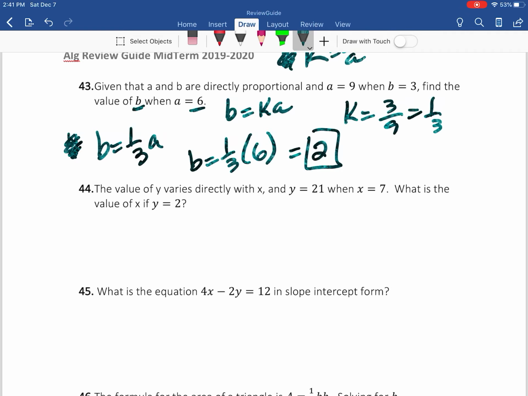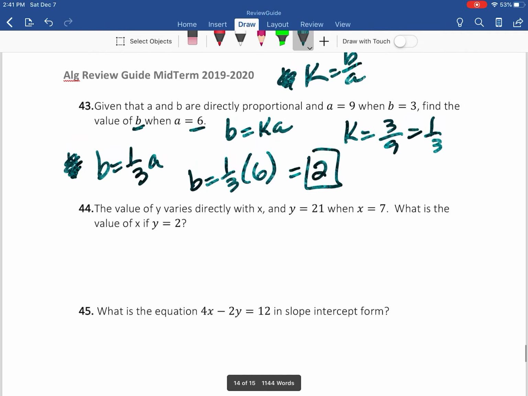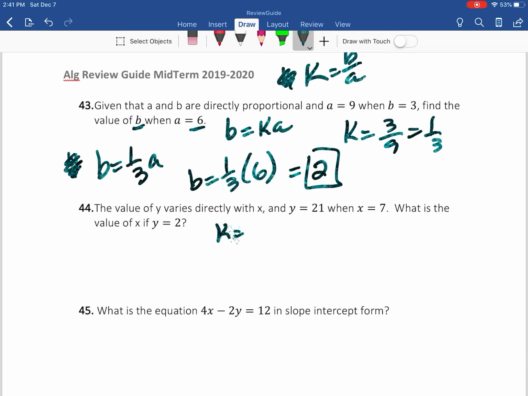Number 44, we're dealing with familiar variables. Now this one is going to be a little bit different because we know that K varies directly, Y divided by X. So now I'm going to say Y is equal to KX.